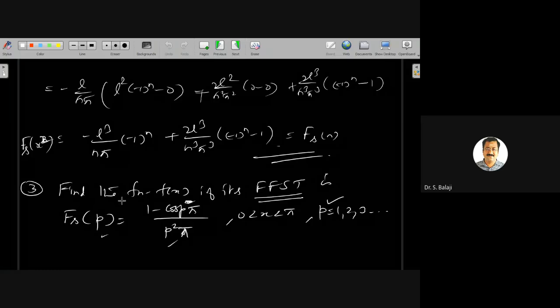Now we see some problems using inverse finite Fourier sine transform. Third problem.